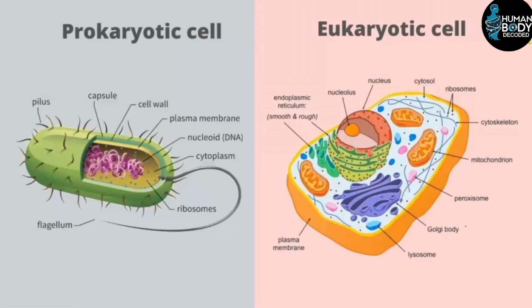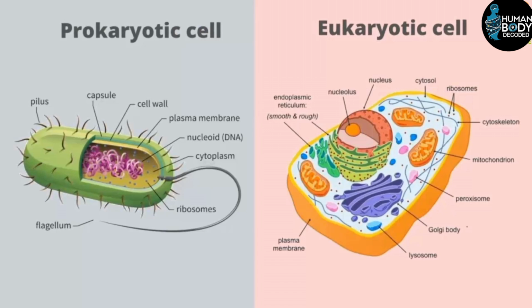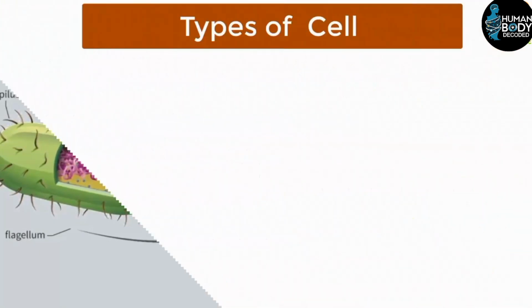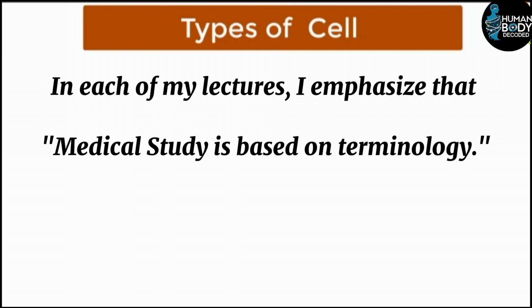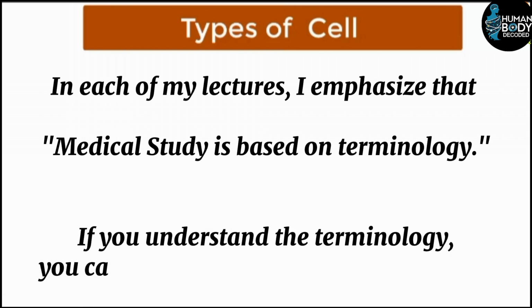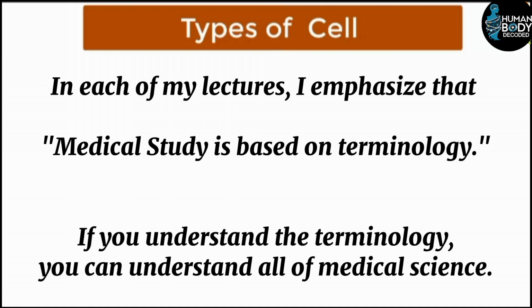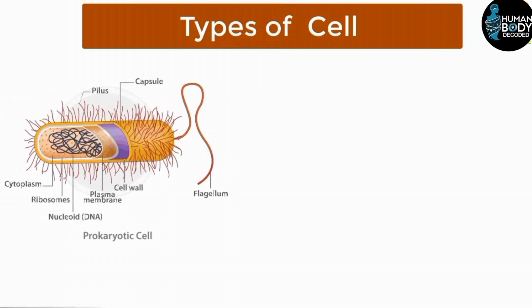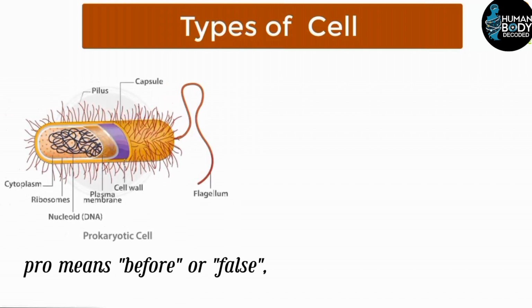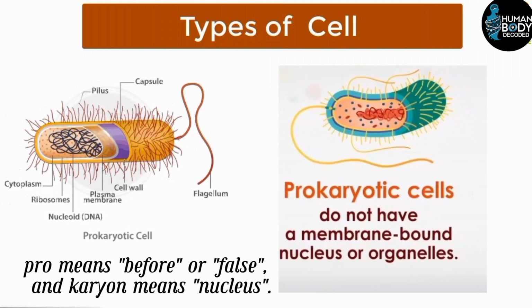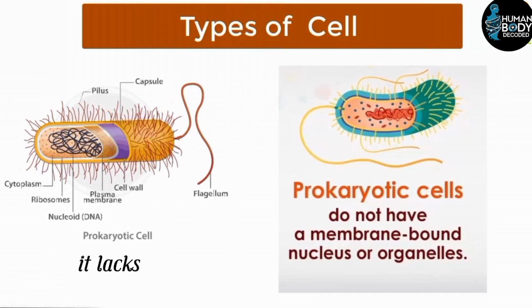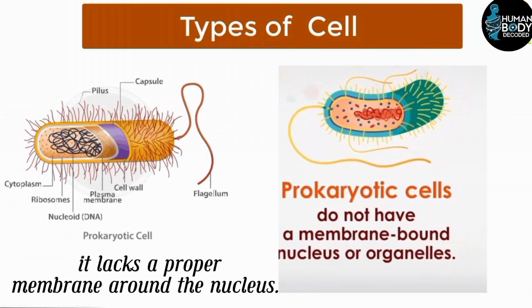There are two types of cells, prokaryotic cells and eukaryotic cells. In each of my lectures, I emphasize that medical study is based on terminology. If you understand the terminology, you can understand all of medical science. The term prokaryotic is made up of two parts. Pro means before or false, and karyon means nucleus. Thus, a prokaryotic cell is one with a primitive or false nucleus, meaning it lacks a proper membrane around the nucleus.